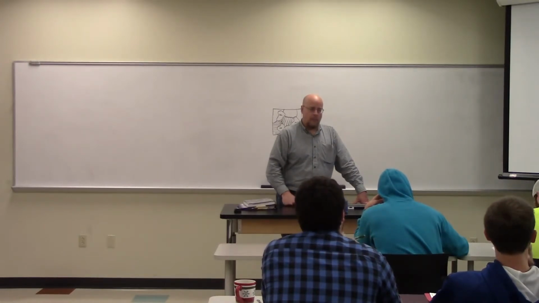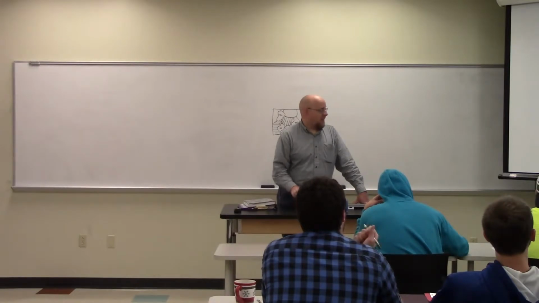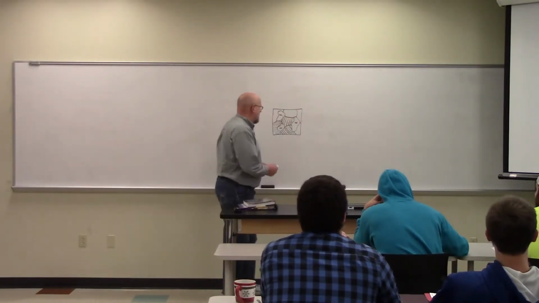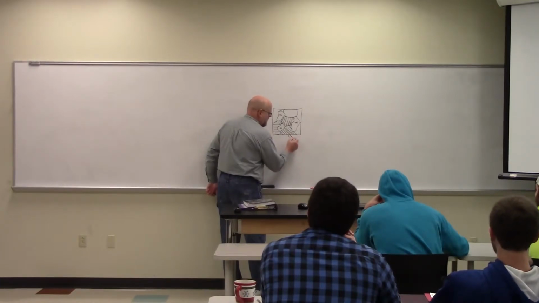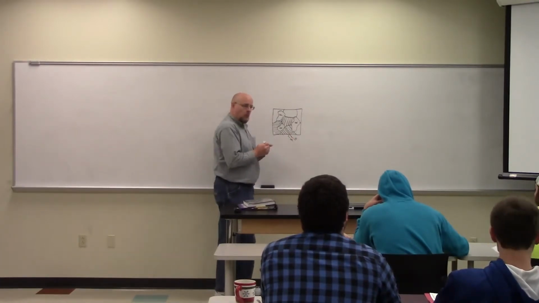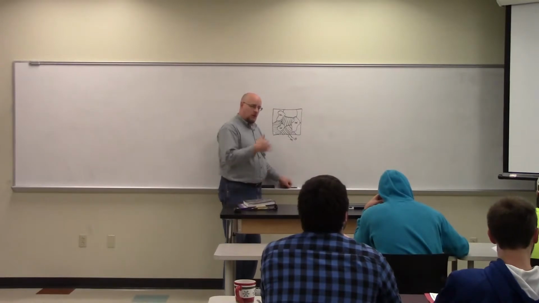That lamellar structure is a mixture of alpha and beta. The stripes, one's alpha, one's beta, one's alpha, one's beta, that's where you get the stripes.